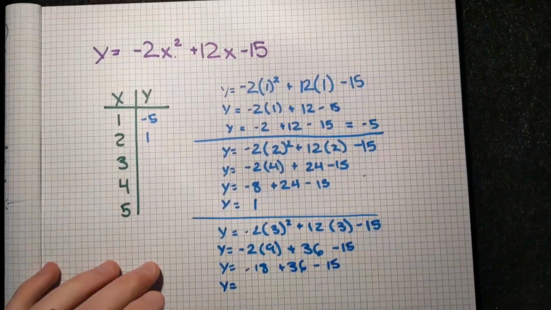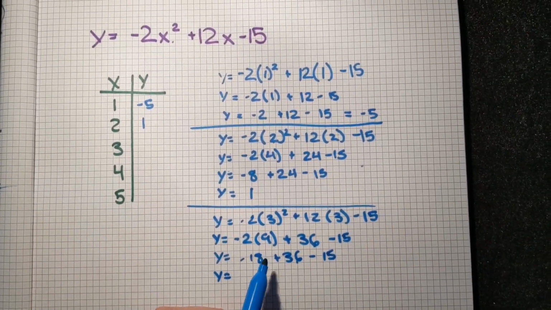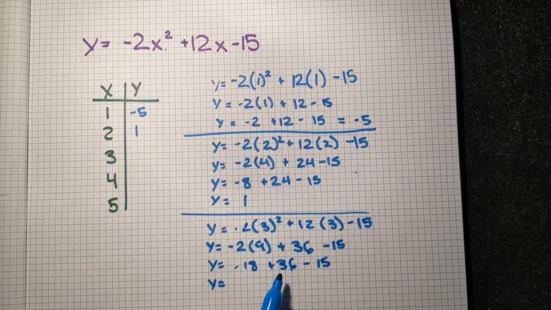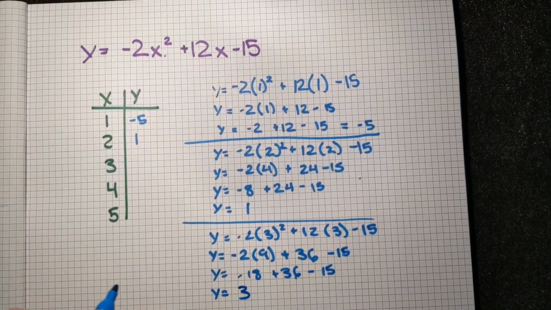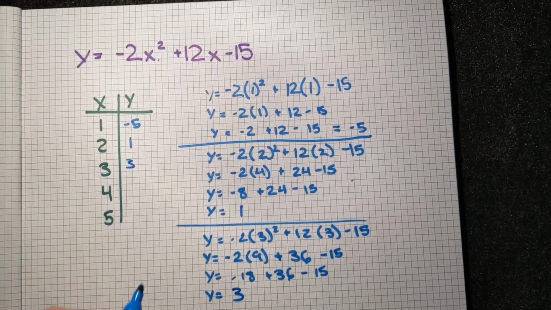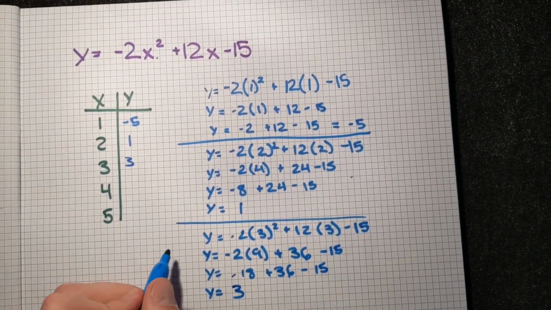Negative 18 plus 36 is positive 18. Minus 15 would be 3. So 3 goes there. All right.